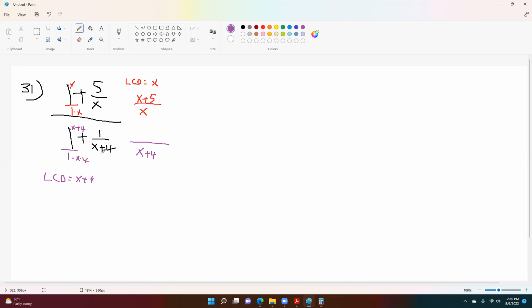This one is the same, we didn't do anything. So let's distribute the 1. So 1 times x will become x. 1 times 4 is 4. And don't forget, you still have a plus 1 on that side. So if you combine like terms, this is actually x plus 5 over x plus 4.